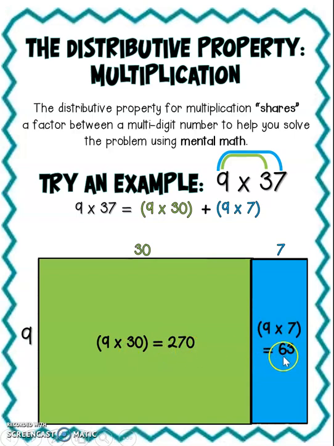Then 9 times 7 is a basic fact, so I know my section represented by the blue rectangle is worth 63 little boxes. So now I can combine those two pieces together to get my final answer, which means 270 plus 63 tells me that there were 333 mini rectangles in my grid.